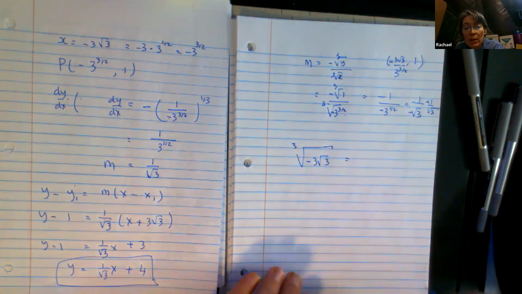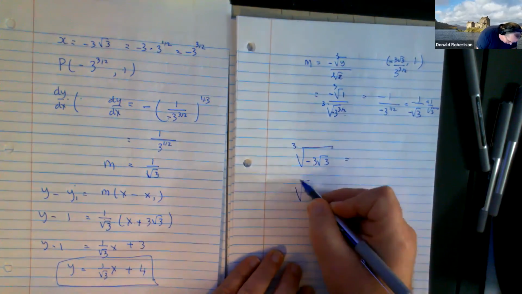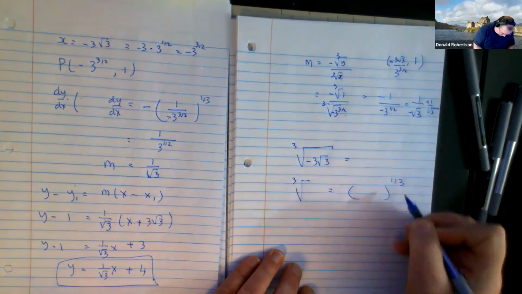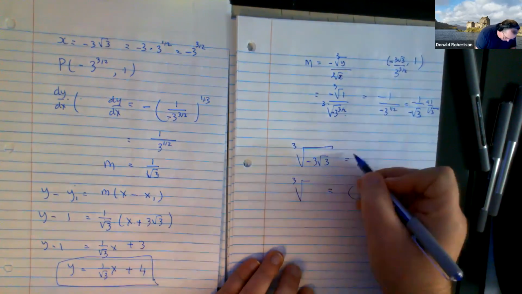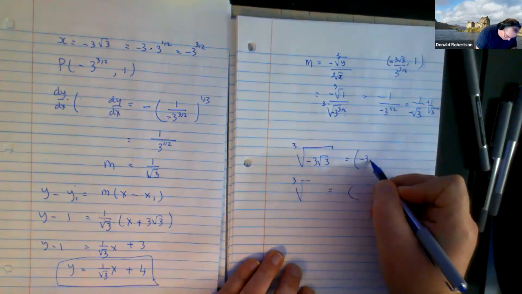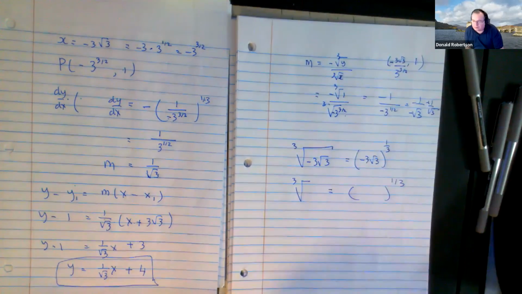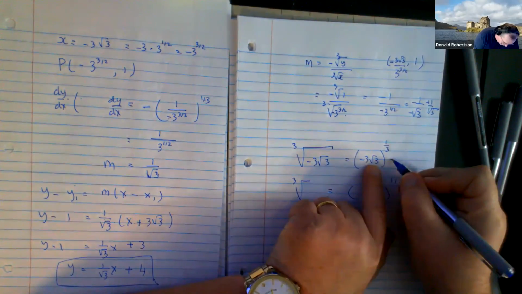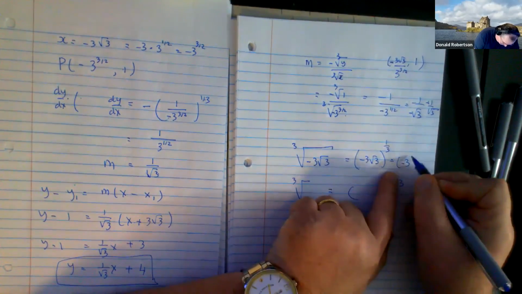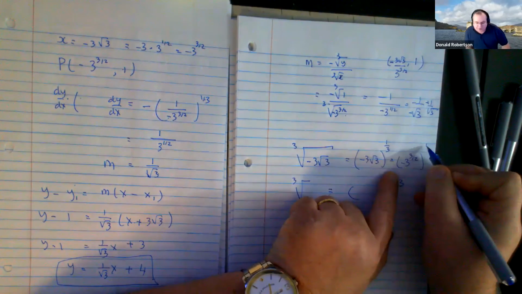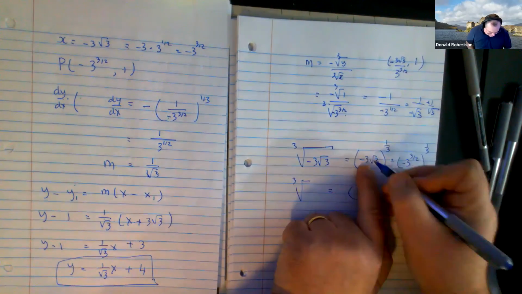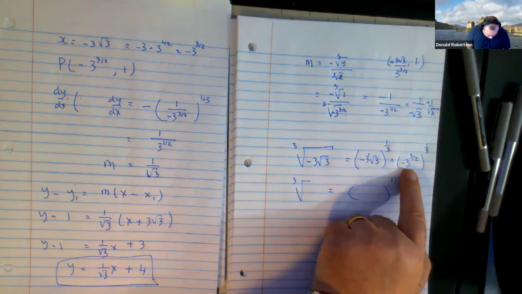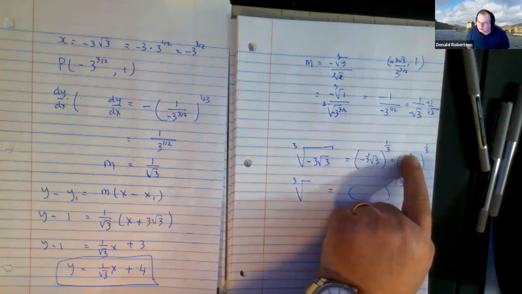So what I'm thinking of is a cube root is a 1/3 power. So this thing can be thought of as a 1/3 power. 3 times the square root of 3 can be thought of as 3 to the 3 halves. The way I got that is that's a 3 to the 1, and that's a 3 to the half. If you multiply things together, you add their powers, and 1.5 is 3 halves.